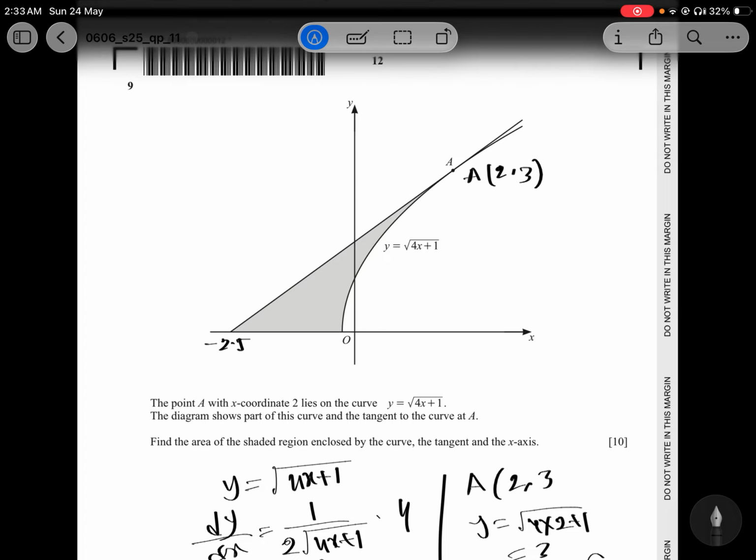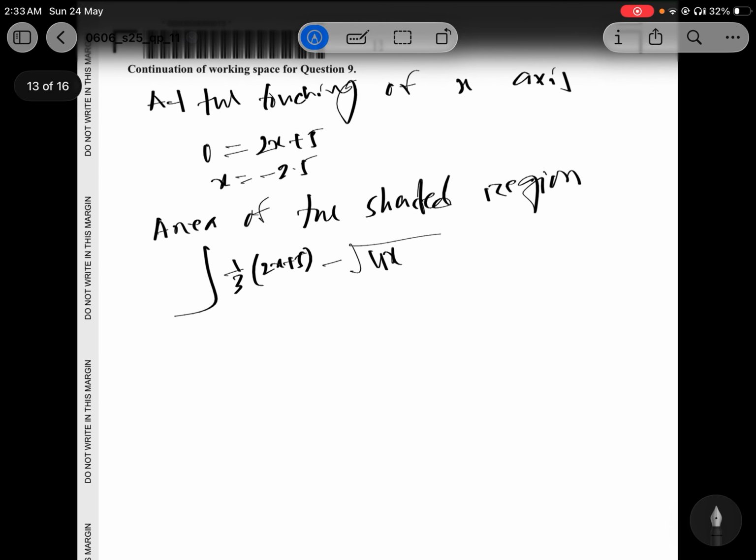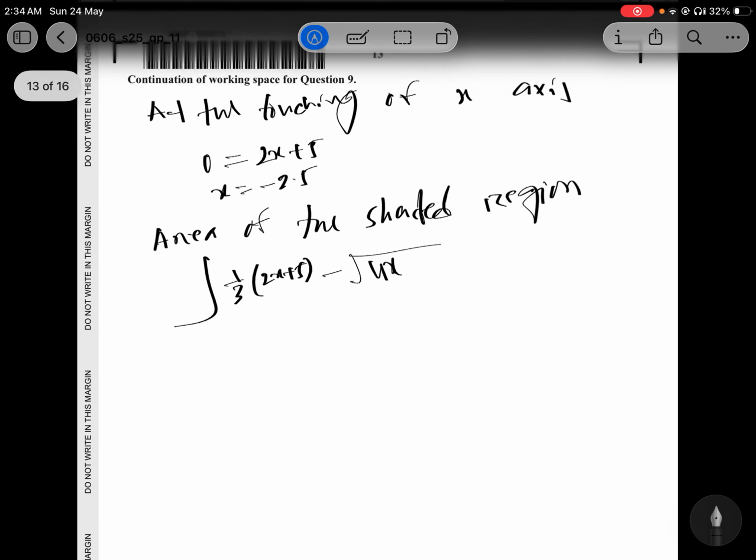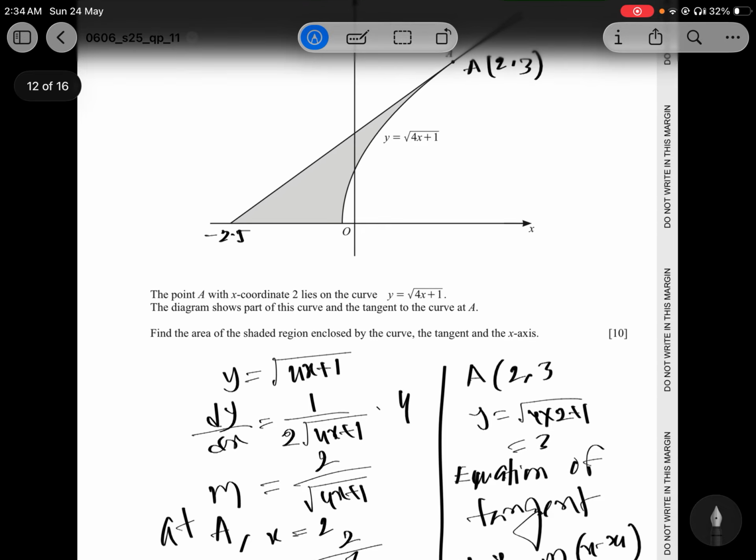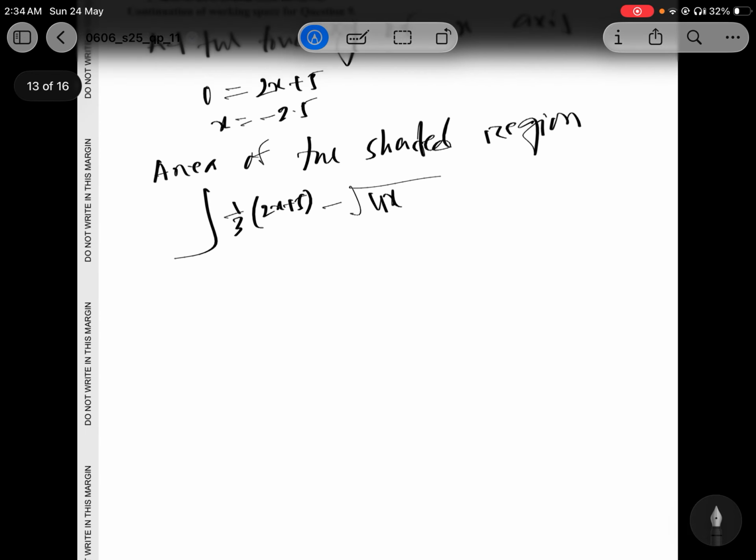Here is the case. I need to think. I don't want to take a risk actually. So it would become like from minus 2.5 to 2, dx.